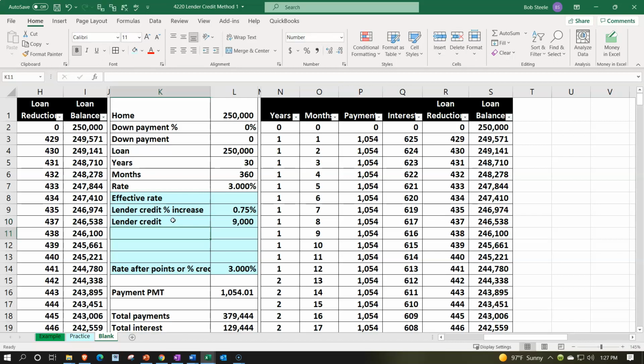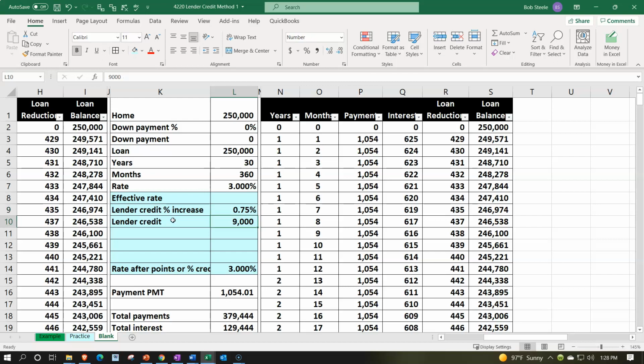So we're going to say that's going to be the trade-off that we had. They're going to give us a lender credit to pay off the closing costs, which we're going to say are $9,000 in exchange for an increase in the rate from 3% by 0.75% to 3.75, which of course they're going to make back in the life of the loan in the form of interest.